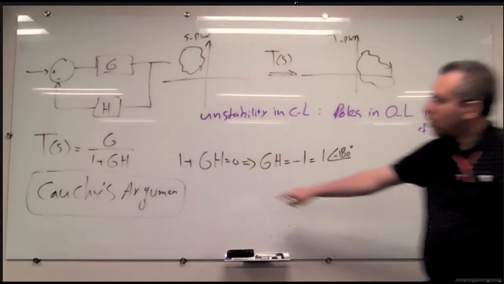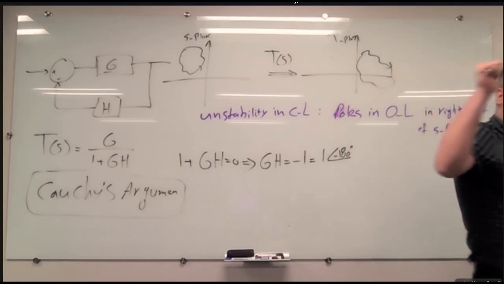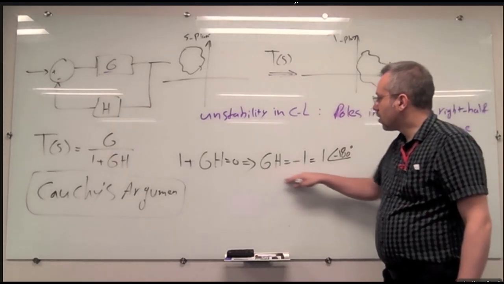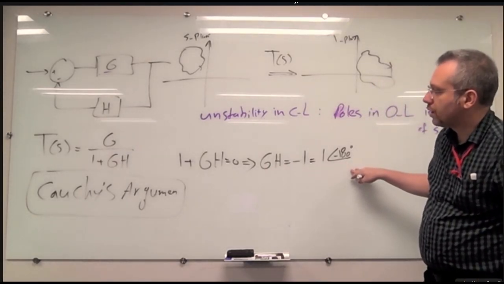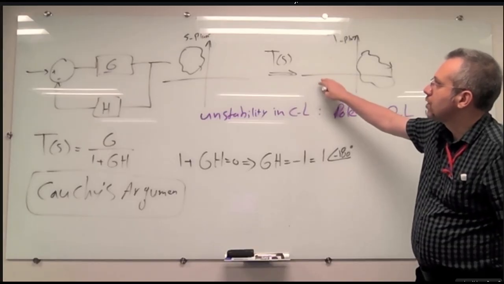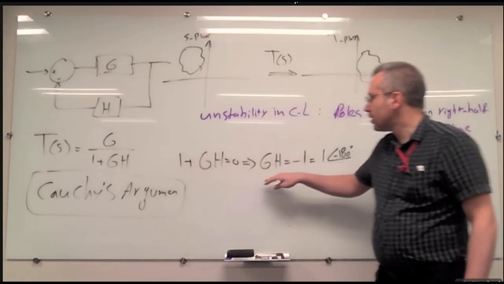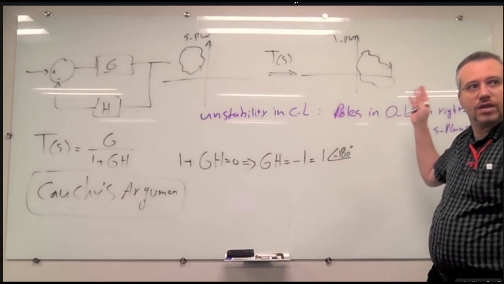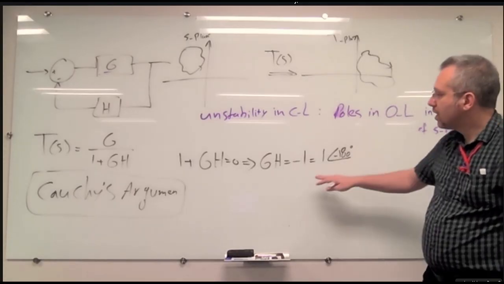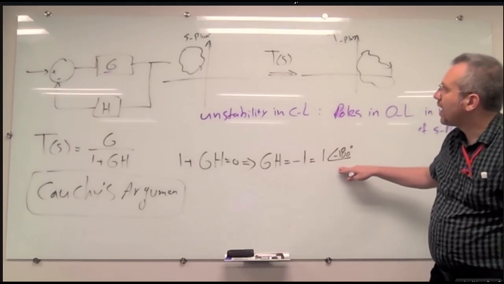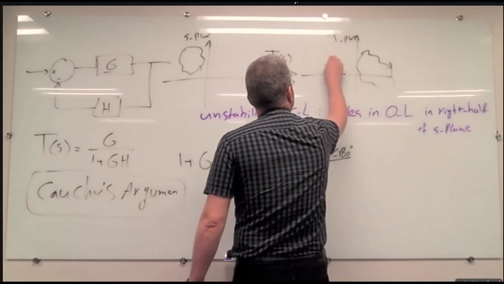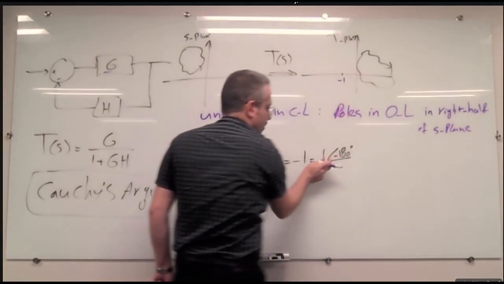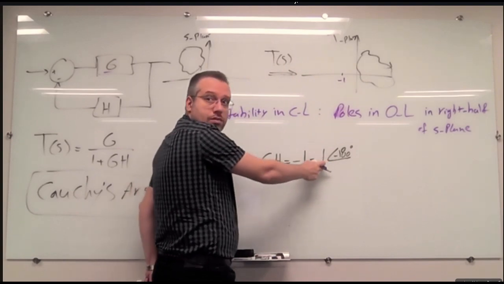If these poles happen to be in the right hand side, that means in the contour resulting from Cauchy's argument, we are going to have the contour in the T plane circulating over the -1 point.